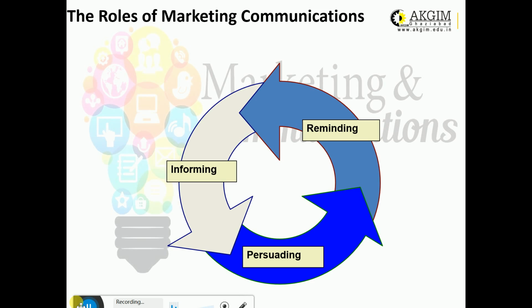So when we talk about what role marketing communication performs, primarily it performs the role of informing the target audiences, then to persuade, and then to remind the target audiences. Repeated communication is an indication that companies want to give a reminder so that the customer can retain and recall the information.